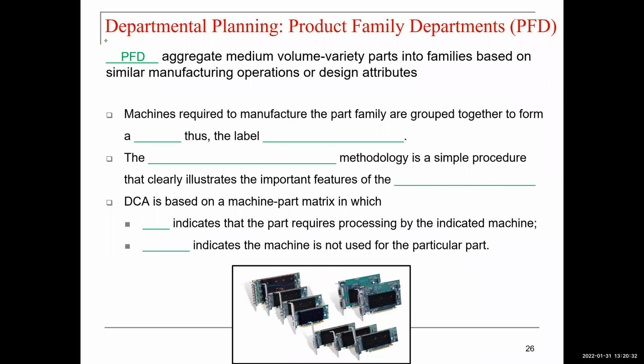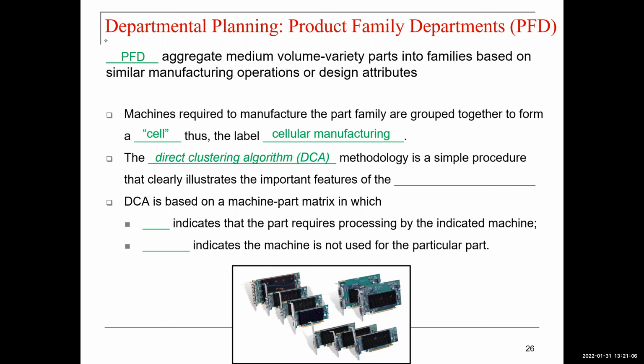You have multiple products, but in essence, they are just different in some specific areas, but most of the product is the same. So that's what we can define as a product family. Aggregate medium volume variety parts into families based on similar manufacturing operations or design attributes. Machines required to manufacture the part family are grouped together to form a cell, thus the label of cellular manufacturing.